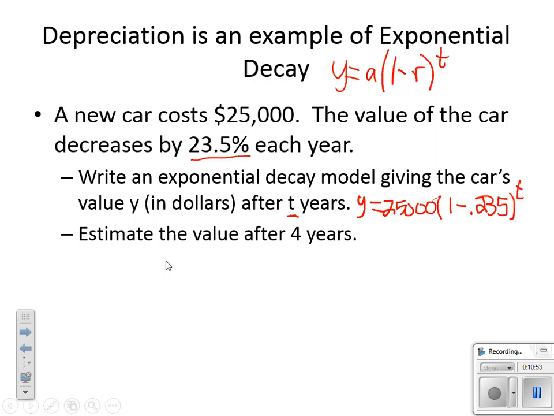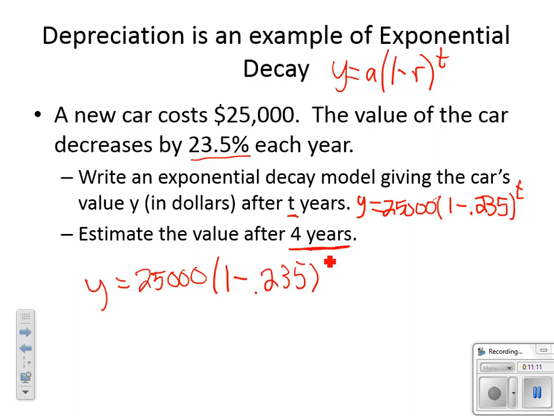We aren't actually finding a value yet, but now we are estimating the value after 4 years. So we're going to start with our equation Y equals 25,000 all times 1 minus 0.235 all to the 4th.